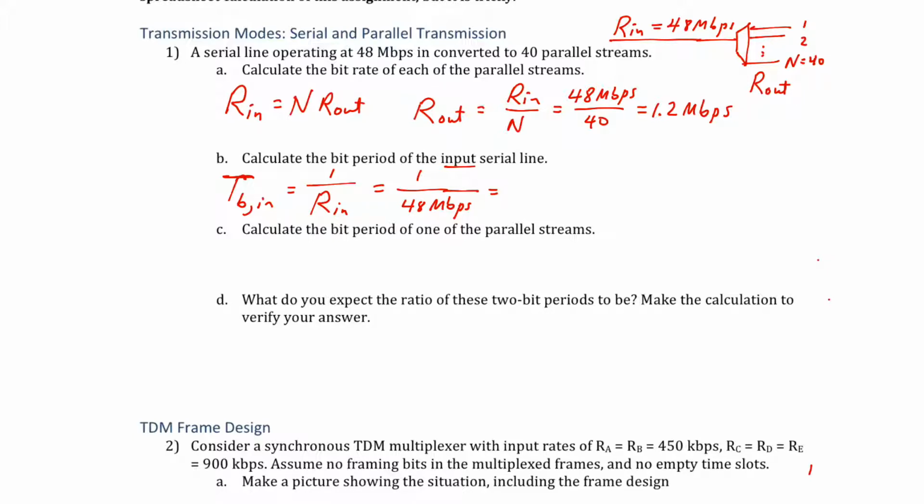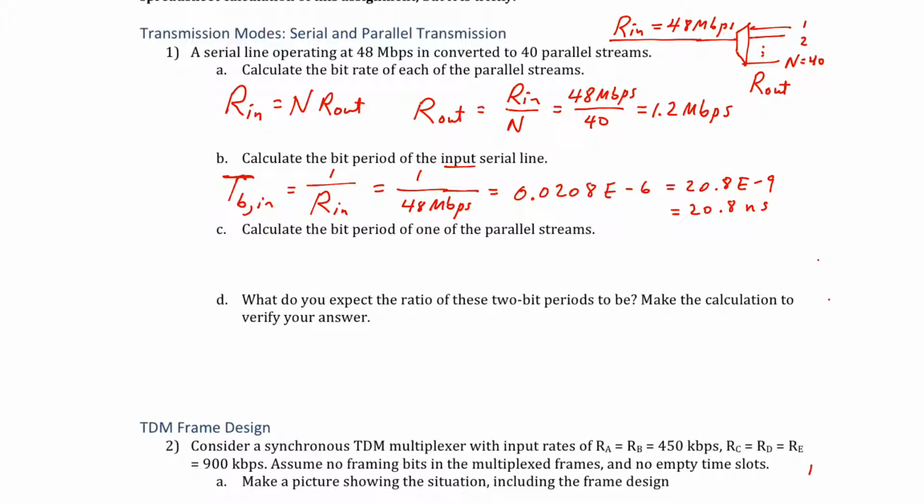Let's calculate it. 0.0208 times 10 to the minus 6th, which I could say is 20.8 times 10 to the minus 9th, or 20.8 nanoseconds, let's say.